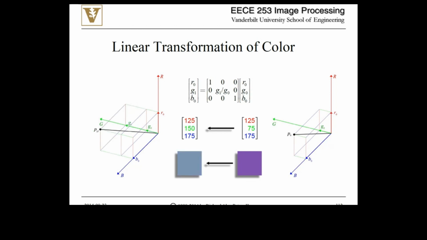And then you can do the same in the green channel, and then you can do the same in the blue channel. So again, red stays the same, green stays the same, so we are going from this point to this other point, with this extra multiplication, what we are gaining by this scaling in the blue channel.